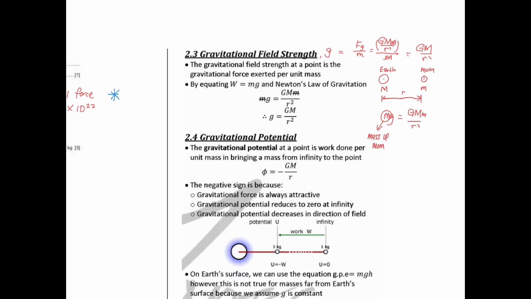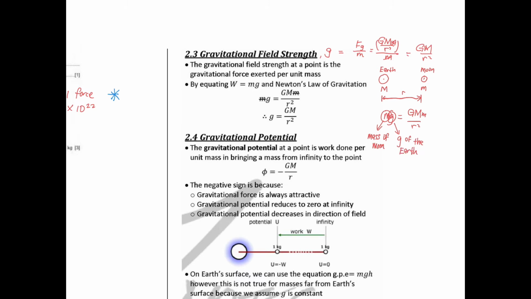This is the mass of the Moon. And then how about this g? You need to know that this g is actually the g of the Earth. The g of the Earth.